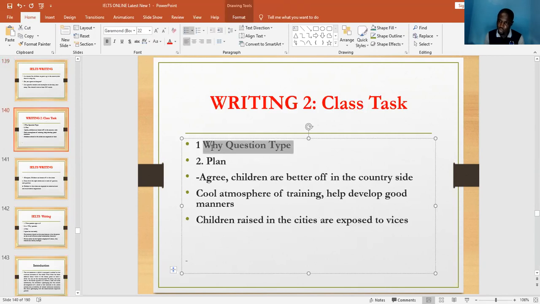So let me bring my cursor now and annotate. So, after identifying the question, you need to plan. That is, you need to highlight your points. Don't just start writing, so that you wouldn't get into the middle of the writing and find that you have no point or no way of transiting.